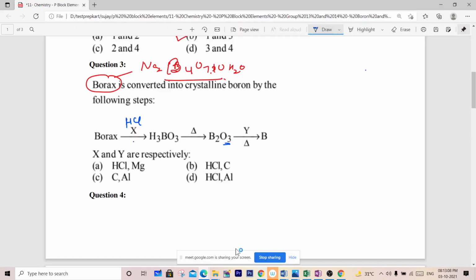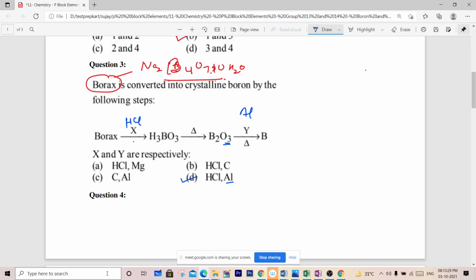Remember, it is aluminum. Aluminum can reduce it because aluminum is more reactive as compared to boron.